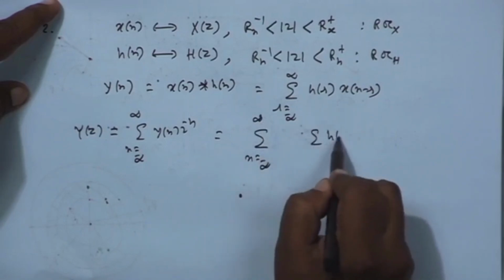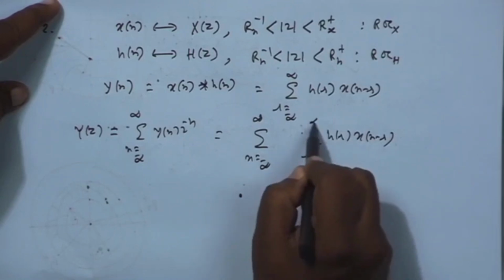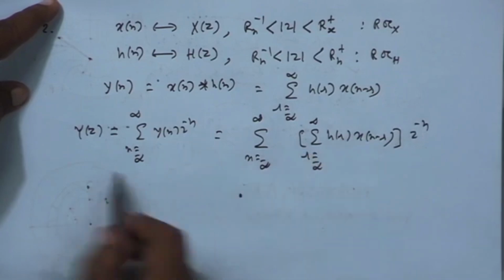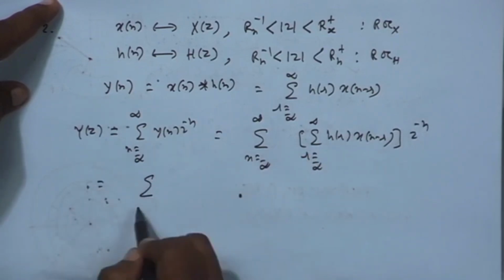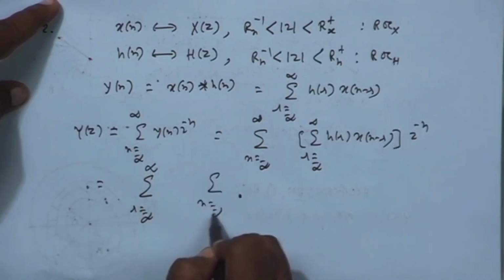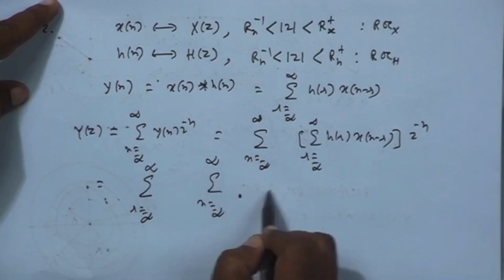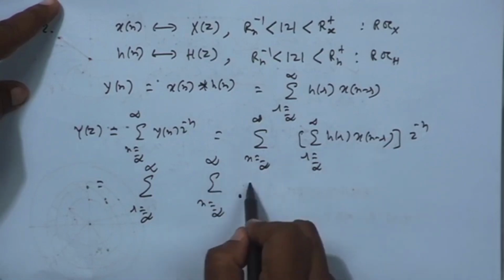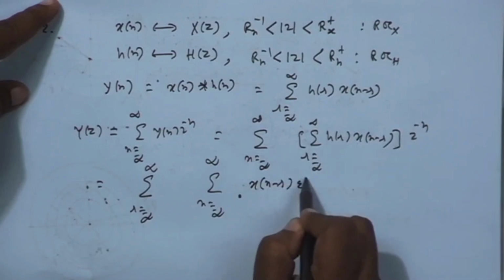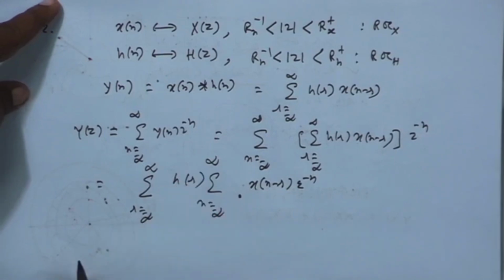What is this, h(r) x(n minus r) from minus infinity to infinity, z to the power minus n. Then two summations, interchange the two summations. There is the next step, r summation goes out, summation over n goes in. So, all quantity which is a function of n, they should be inside. So, x(n minus r), this is n, so this should be inside, z to the power minus n, it will be inside, h(r) can be common as outside. Okay.